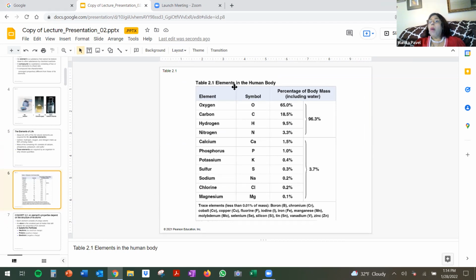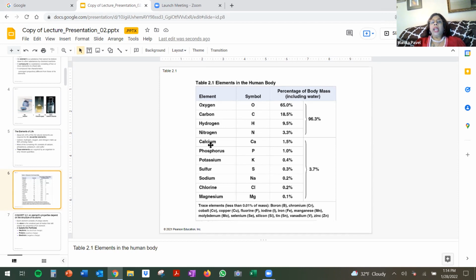The most common elements that we need to know are oxygen, the symbol is O, carbon, C, hydrogen, H, nitrogen, N. If you notice, they begin with the first letter of the spelling, and they're always capitalized.